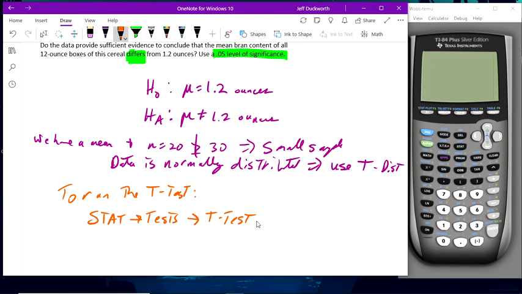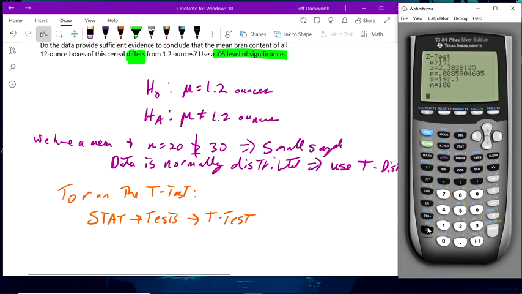So here we want test. So let's go. Stat, turn it on. Stat tests. The t-test is the option, number 2. We do have stats. Mu sub 0, again, that's our target value, and that's going to be 1.2.